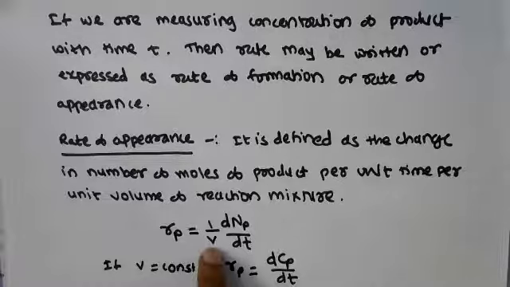There may be some cases where surface area of catalyst or mass of the catalyst may be written in place of V. In some cases, they may refer to surface area of catalyst, or to the mass of the catalyst, etc. So in that format also, you can express the rate of reaction.